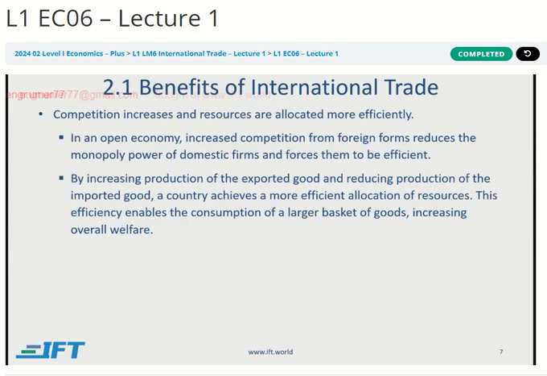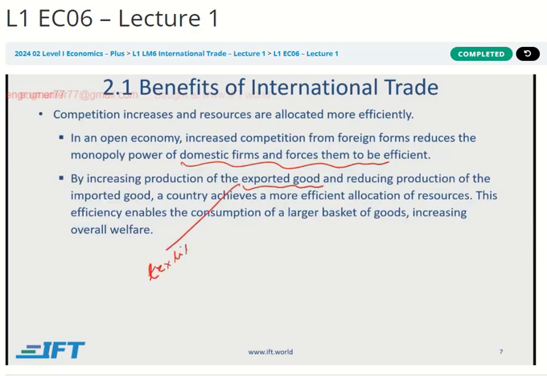And the local domestic firms are forced to be more efficient. And actually, it's not a bad thing. At an economy level, it's very good because then India can focus on its competitive advantage, like for example, textile.